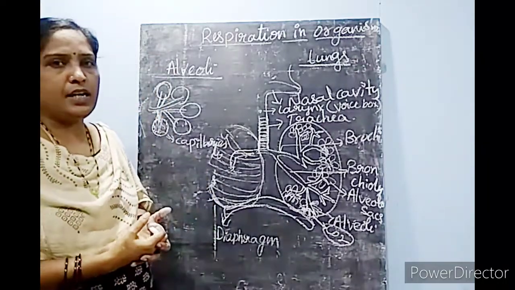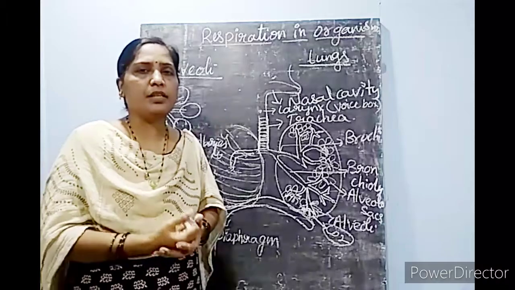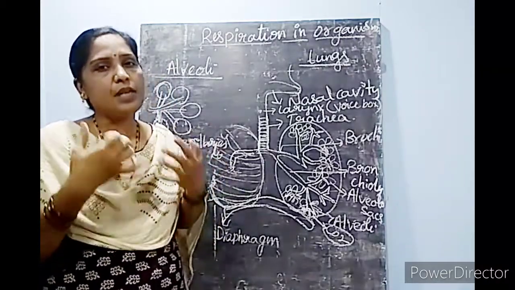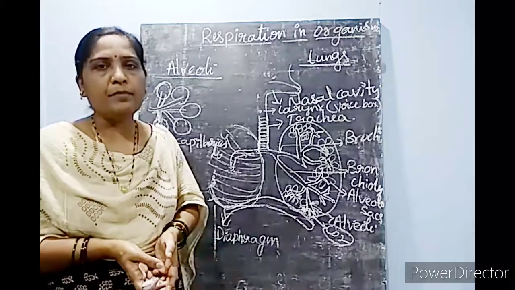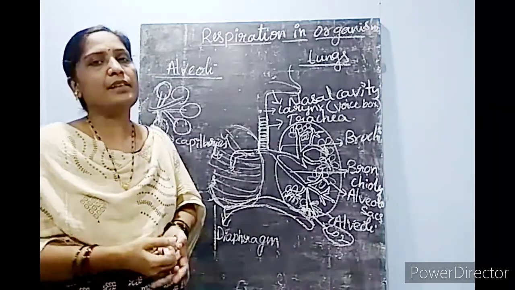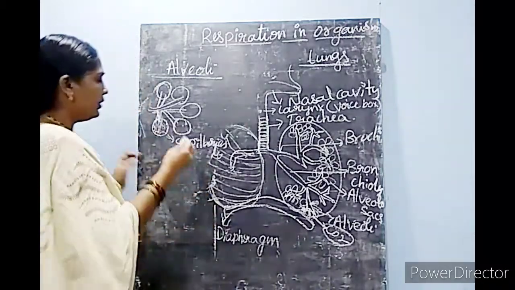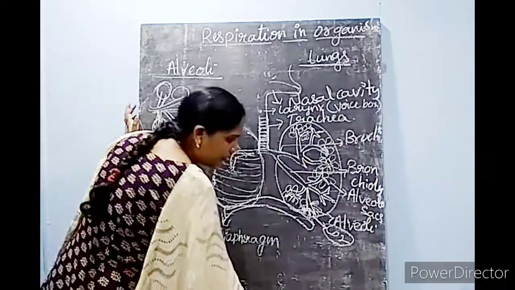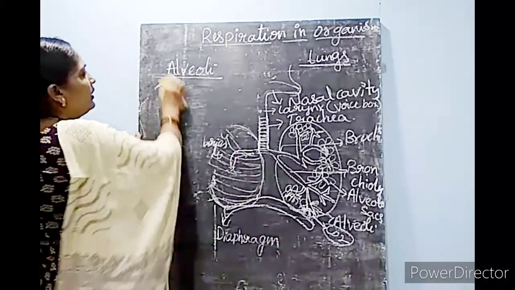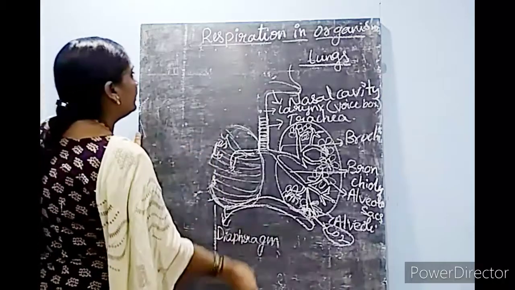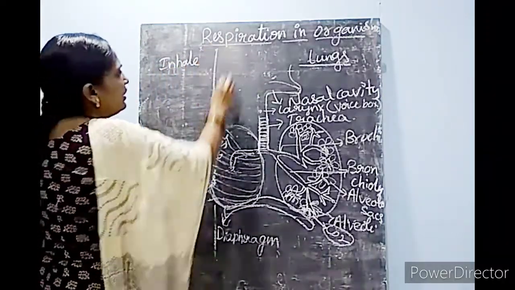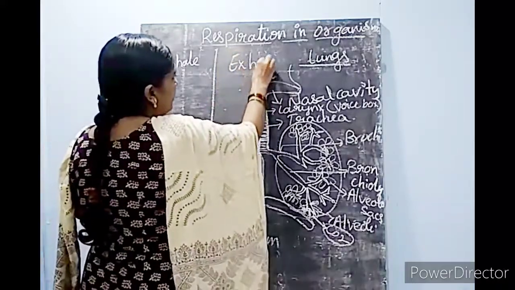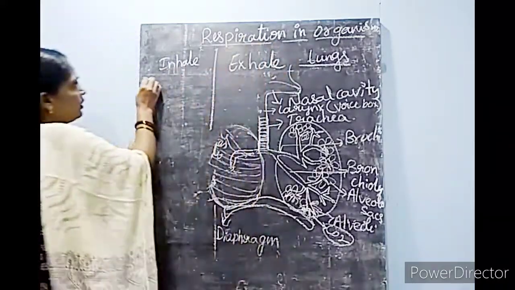The air we are inhaling is oxygen rich, and in the air we exhale, oxygen is less. There is a calculation for this: how much percent of oxygen is in the inhaled air, and how much in the exhaled air.